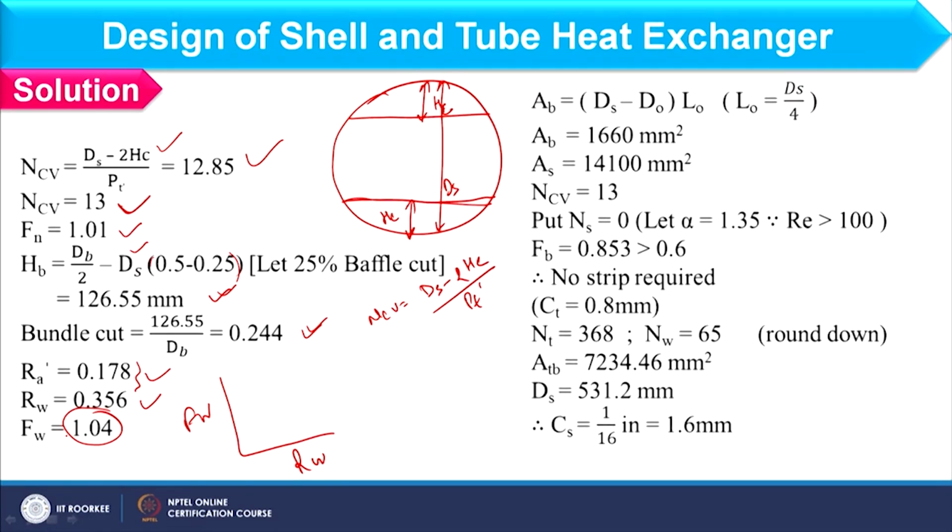Okay. And further we can see the bypass correction factor as well as the leakage correction factor. Okay. Now if you consider the bypass correction factor, we have to find out whether sealing strips are required or not. Okay. And that checking of sealing strips, whether it is required or not, that method is already explained in the last lecture, that is the 5th lecture of the 4th week, right.